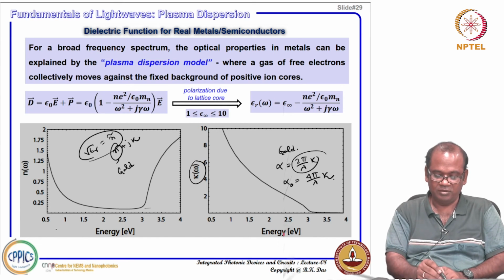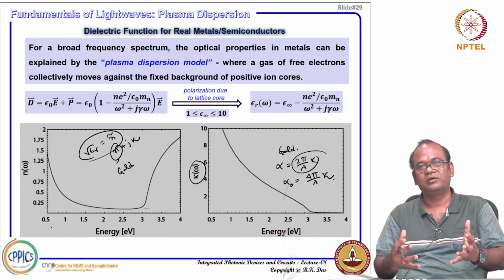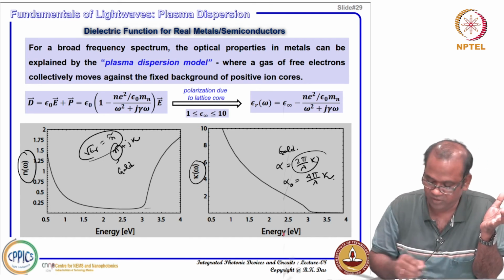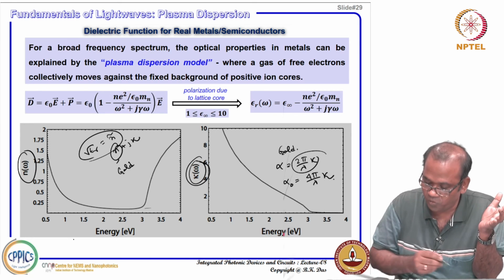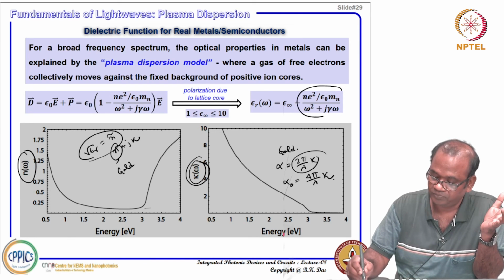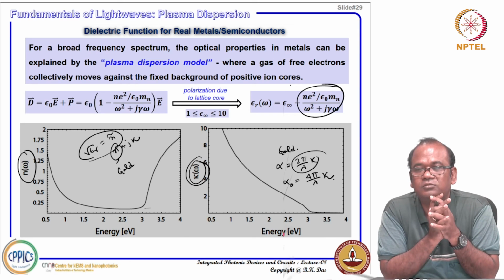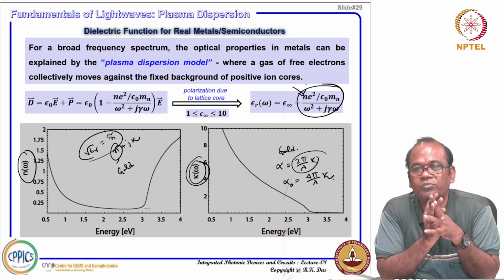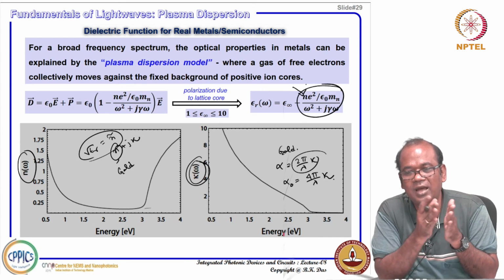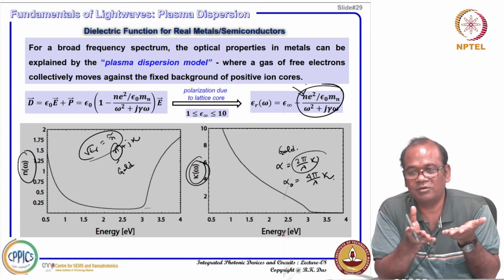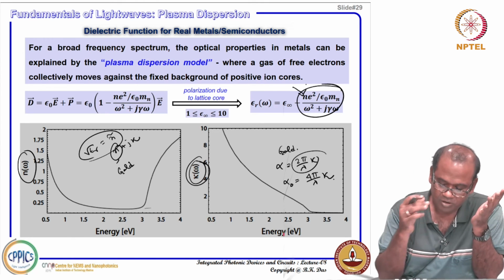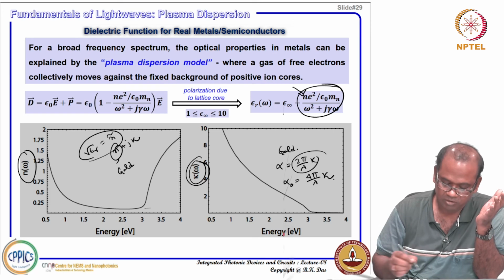Both the real part and the imaginary part of the refractive index actually depend on this value, and in this value, n is there. What is that? Carrier concentration. That carrier can be free electrons, that can be free holes also.